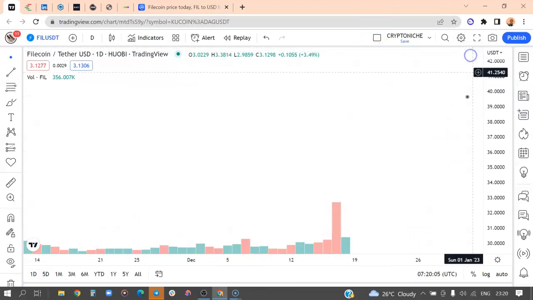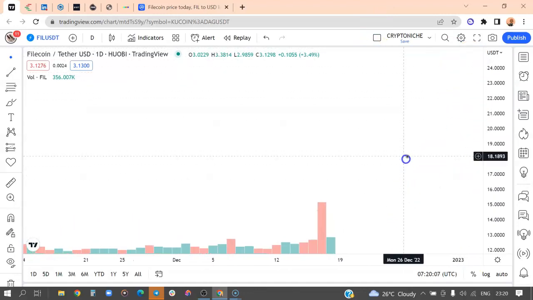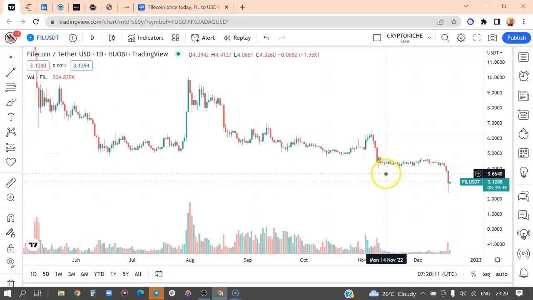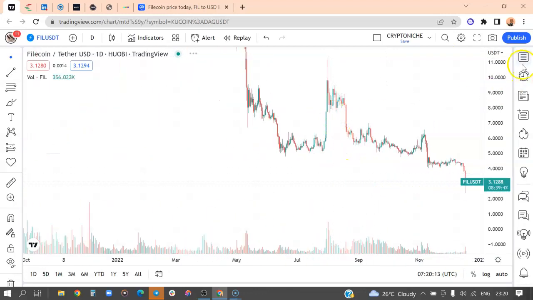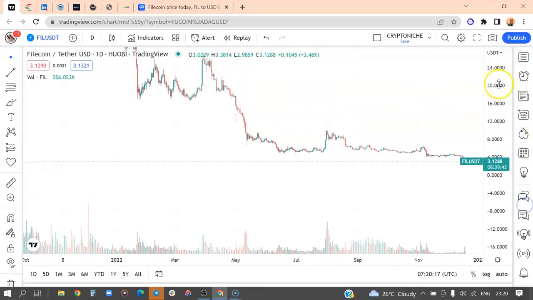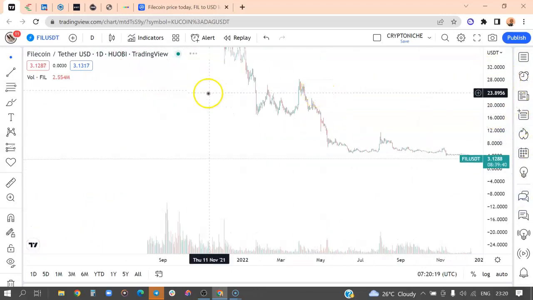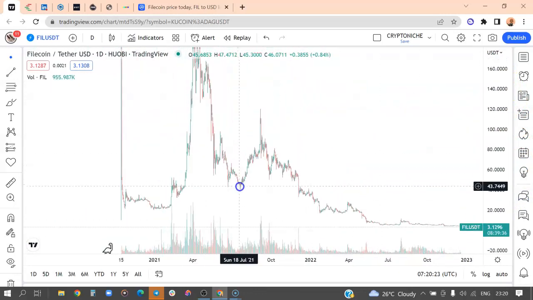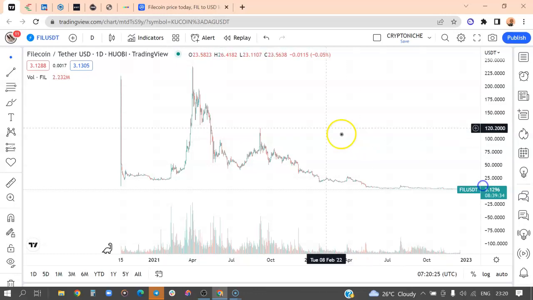We want to have a better view of the charts.